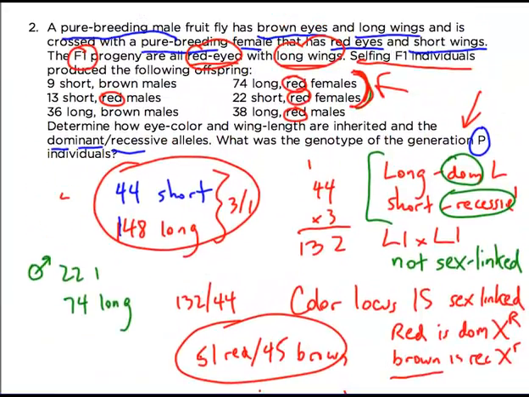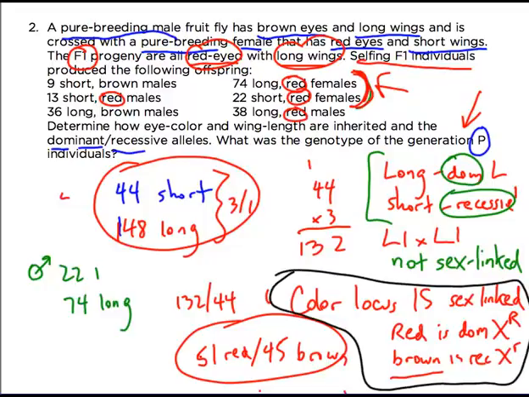And really, just to reiterate, so what did they ask us? How are eye color and wing length inherited? Eye color is sex-linked, and red is dominant to brown, right? So let me put it in black here. That's the answer to the first question. Length of wings is not sex-linked, and long is dominant to short.